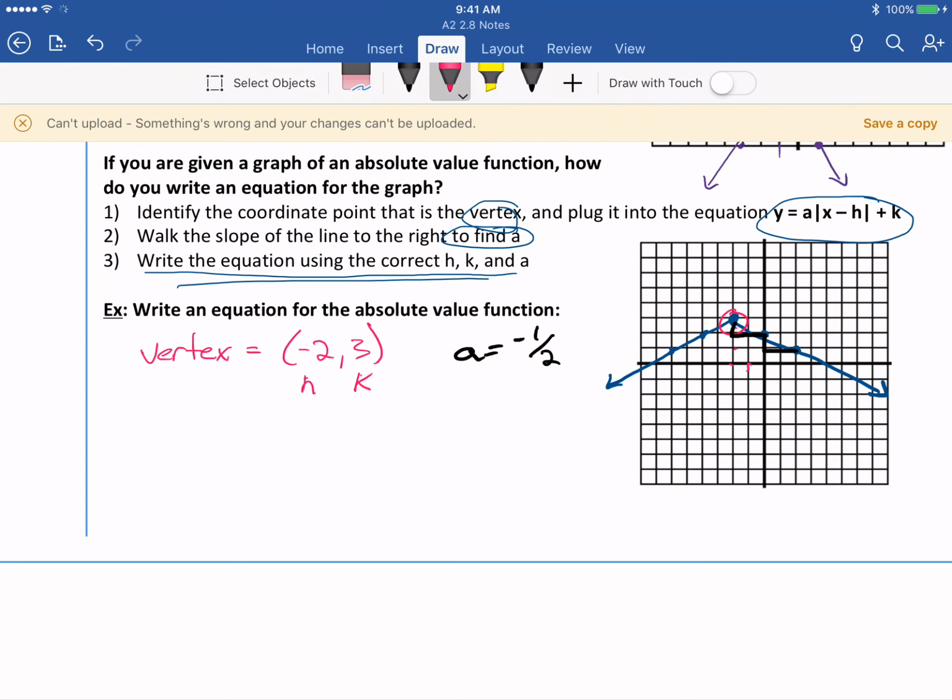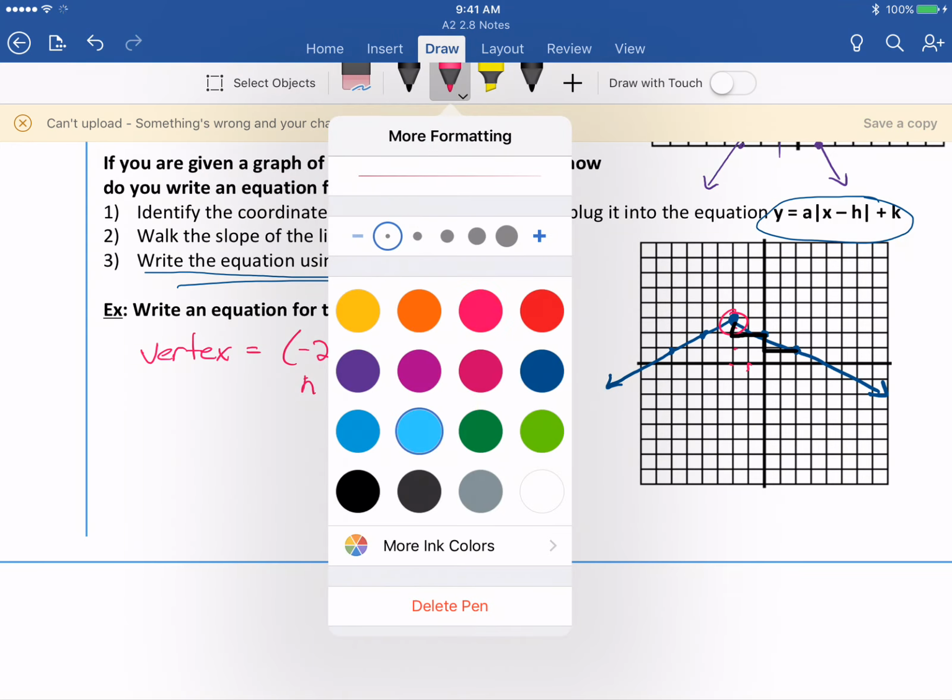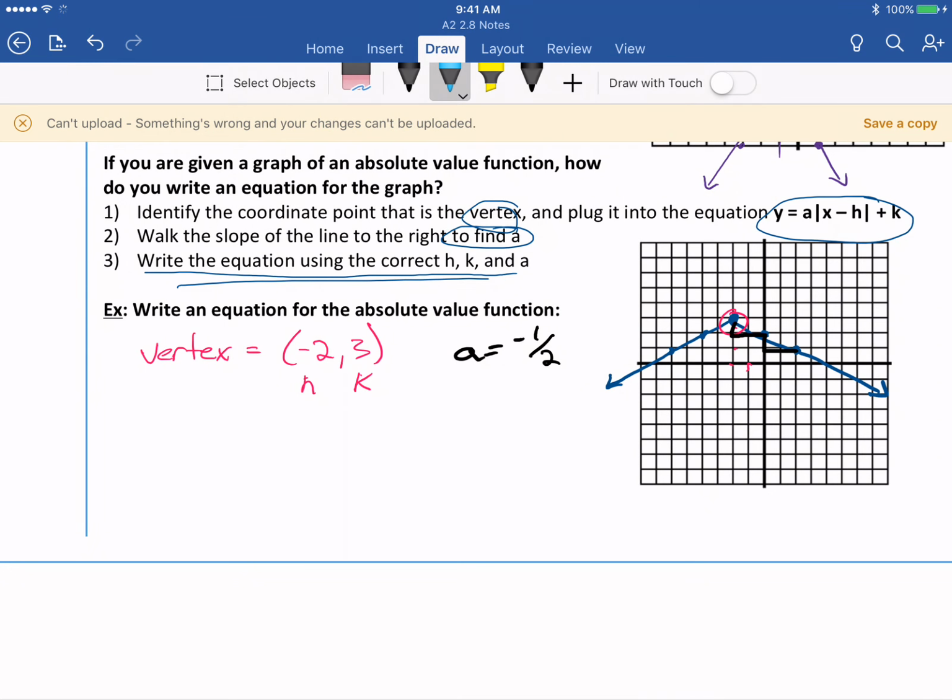Now I just have to plug these guys in. So if I have my h and my k, I go y equals a, absolute value of x minus h, plus k. I can plug in what I know. I know that my a is -1/2, so I'm going to plug that guy in.